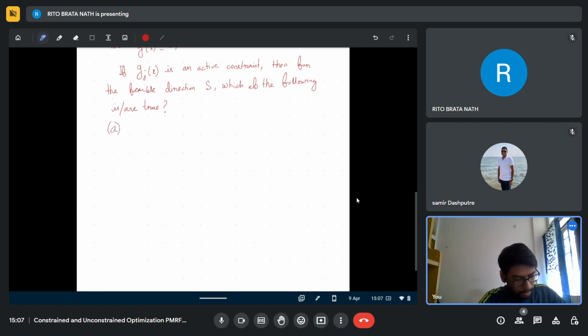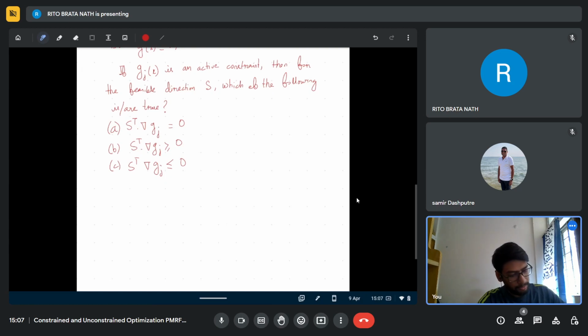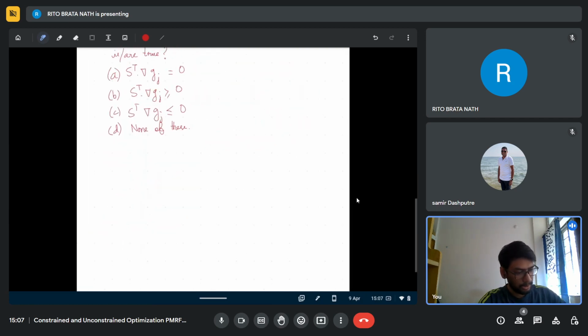So the options are: s transpose times the gradient, this dot product, equals 0; another one, greater than or equal to 0; or less than or equal to 0; or D, none of these. I think this has been discussed in the class as well.